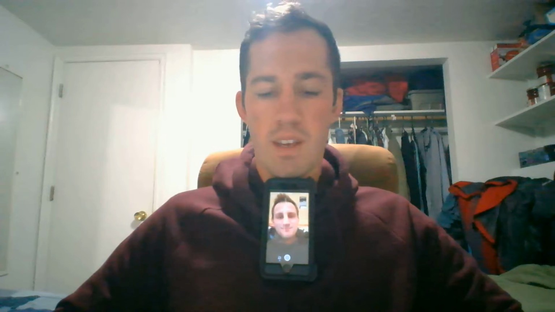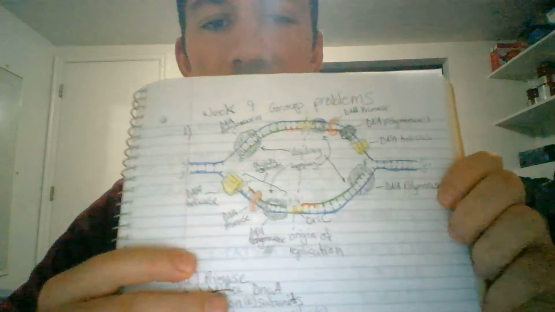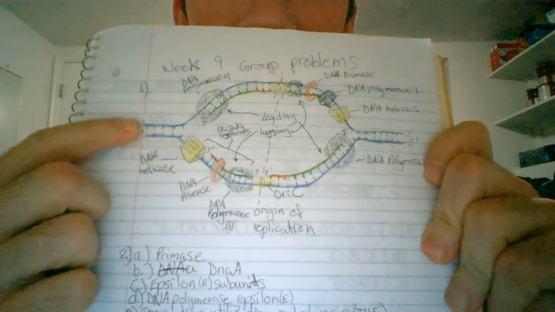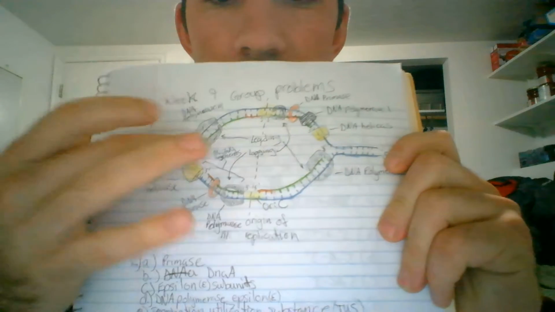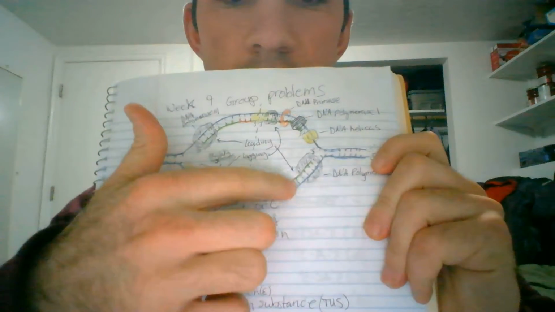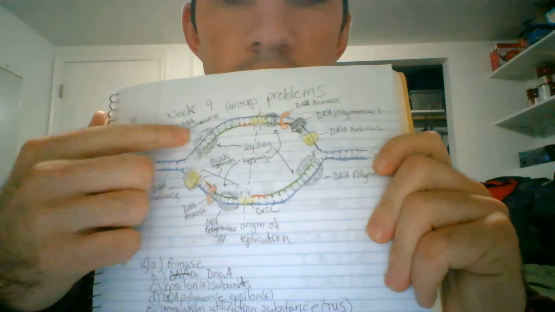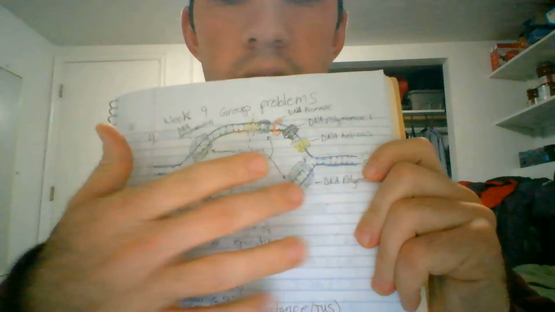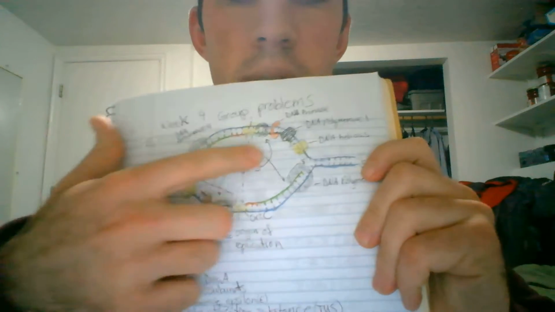So here is the drawing, sorry Troy, blocking your face. Leading strand on this side, and the polymerase 3 here and here. On the lagging strand, here's the polymerases.